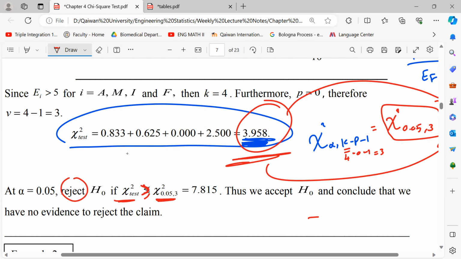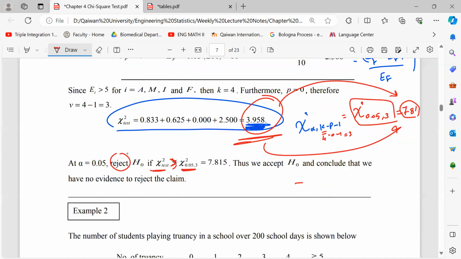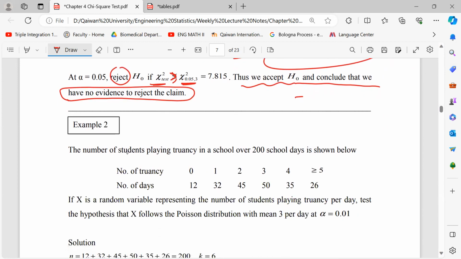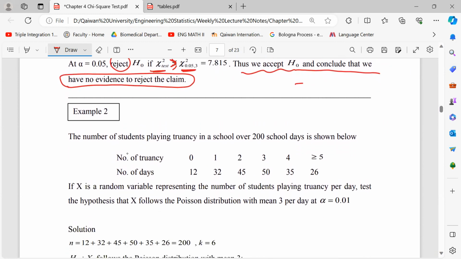If not, we don't. So we conclude that we accept H0 and that we have no evidence to reject the claim. The claim states that all the car accidents are according to those 4 things. That's it. Now let's take a break for 10 minutes, then we'll be back.